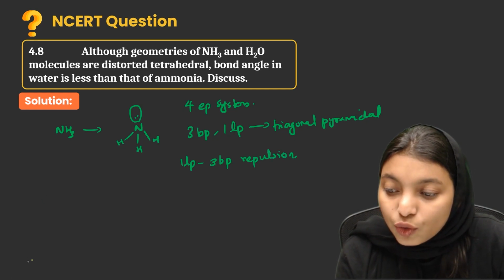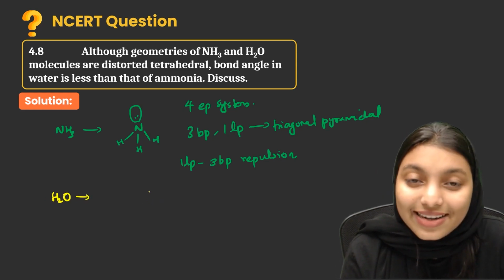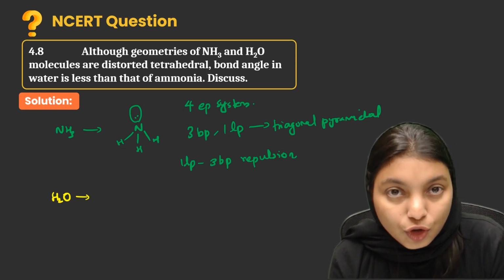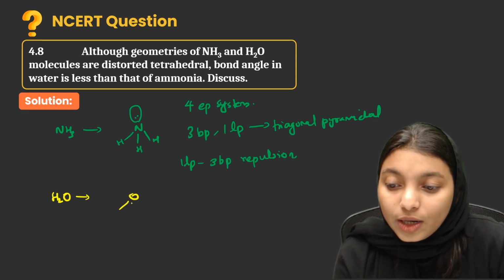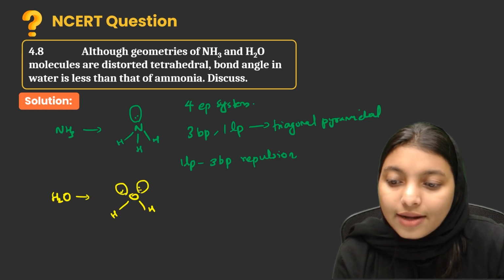Now, when it comes to the water molecule, oxygen is the central atom, and here we know oxygen has 6 electrons in its outermost orbit and only 2 of them have made bond. So their structure will be like H here, 1 lone pair here, another lone pair here.